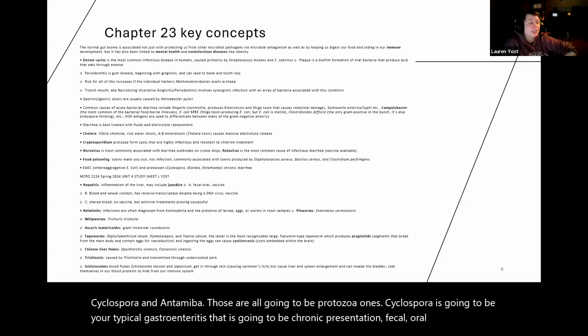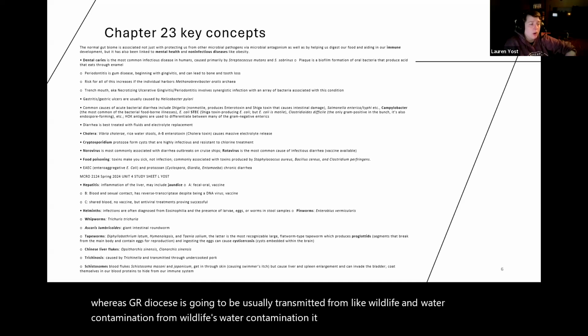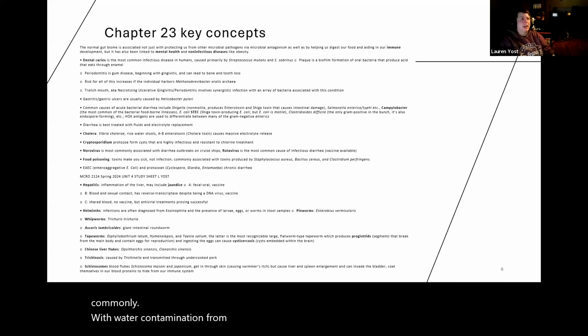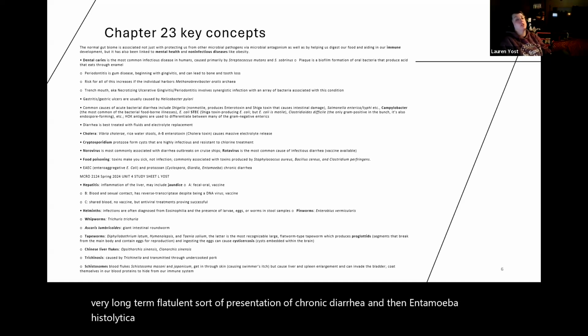Whereas giardiasis is usually transmitted from wildlife and water contamination from wildlife. It is fecal oral as well, but more commonly associated with water contamination. And that's when it leads to the greasy malodorous stools, a very long-term flatulent sort of presentation of chronic diarrhea. And then Entamoeba histolytica causes a dysentery version.